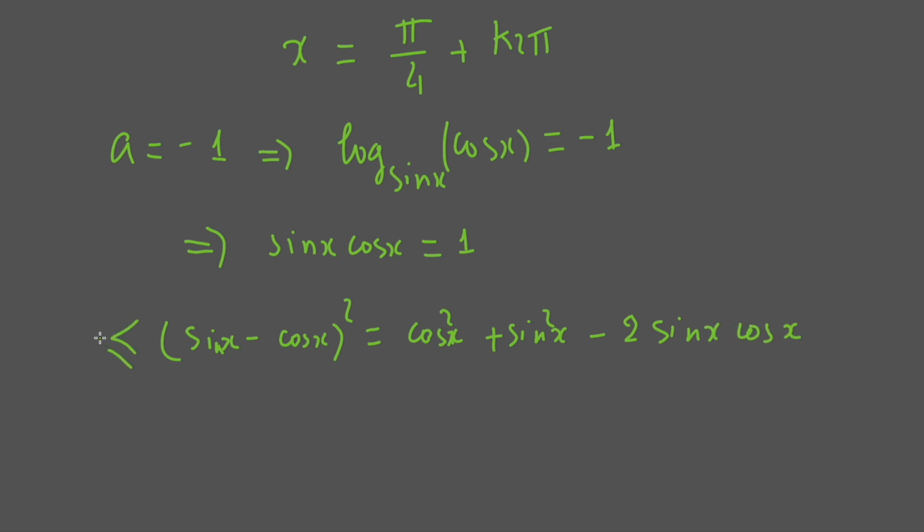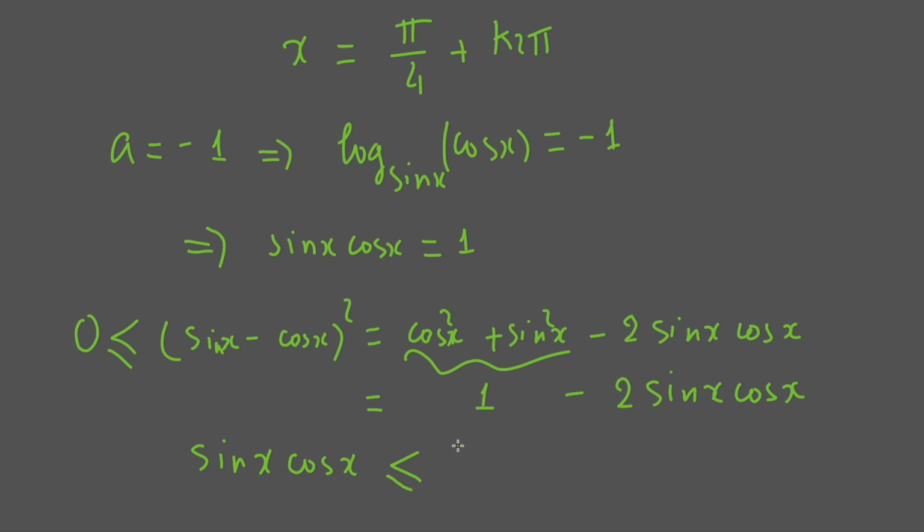And this is greater than or equal to 0, and this is equal to 1. It means the product of sin x and cos x is always smaller than or equal to 1 over 2. It means this equation is impossible, so we don't have a root in this case.